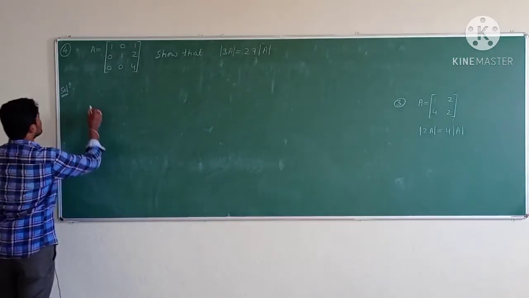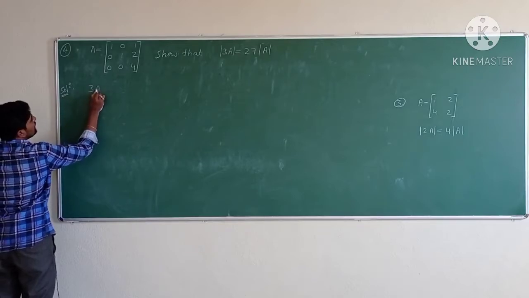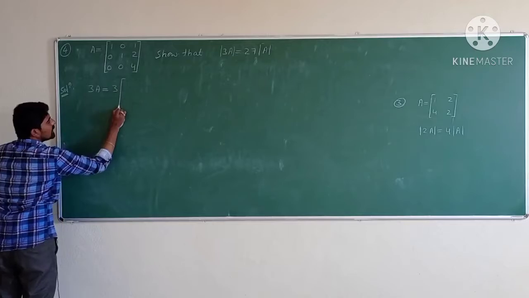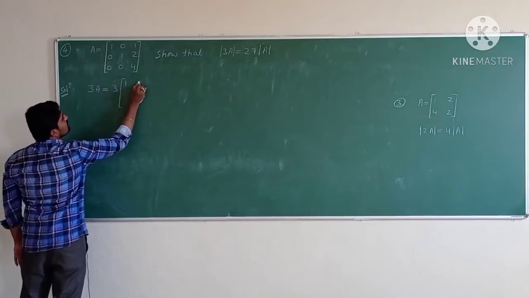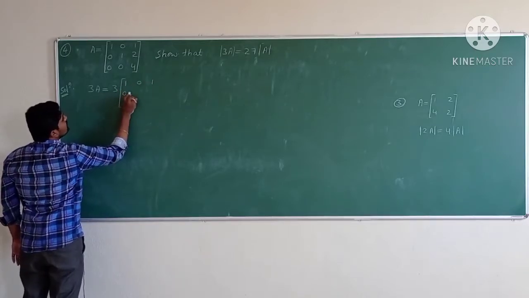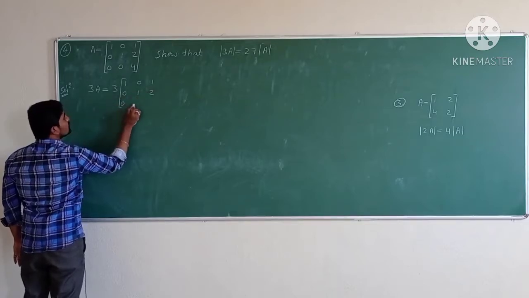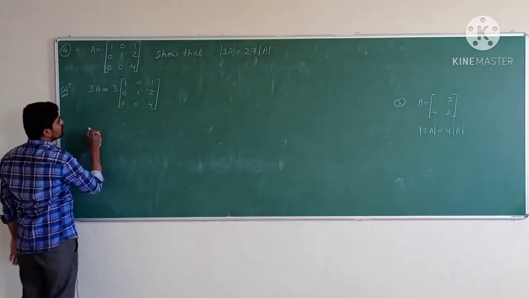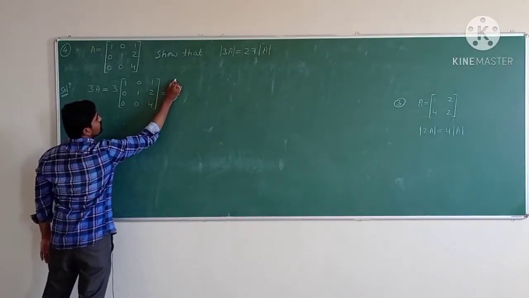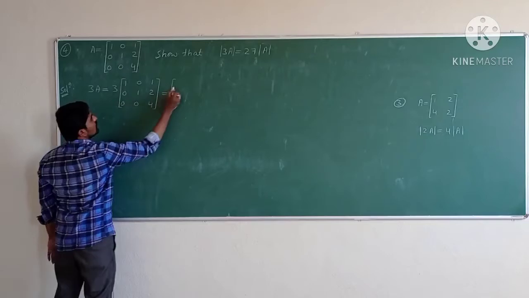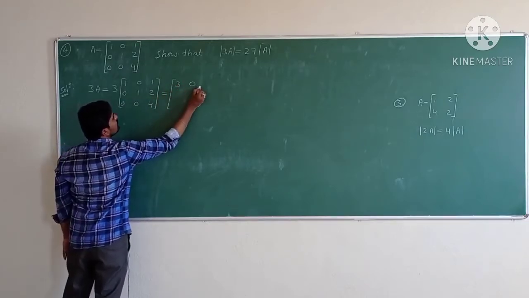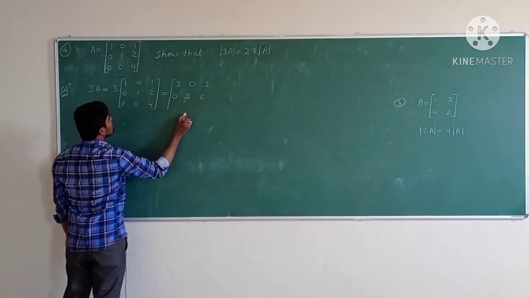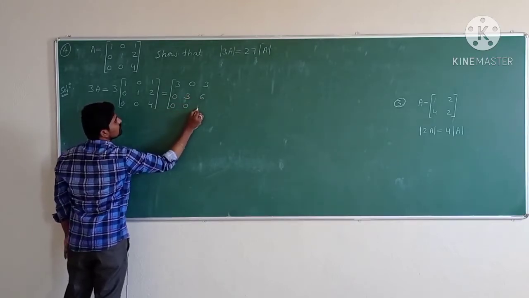Therefore 3A is equal to 3 into matrix A, 1 0 1, 0 1 2, 0 0 4, which is equal to 3 into 1 is 3, 3 into 0 is 0, 3 into 1 is 3, 0, 3 into 1 is 3, 3 into 2 is 6, 0, 0, 3 into 4 is 12.